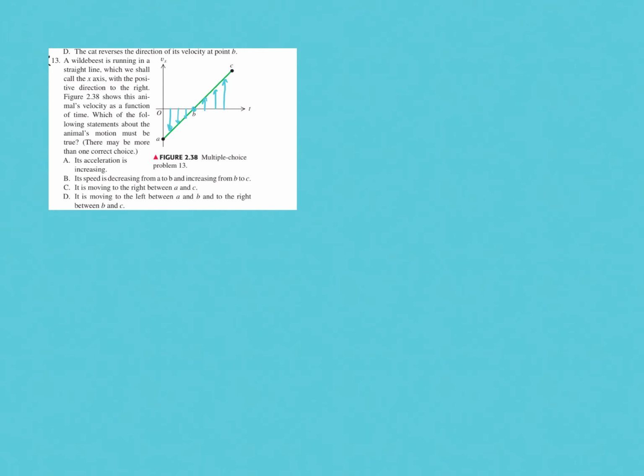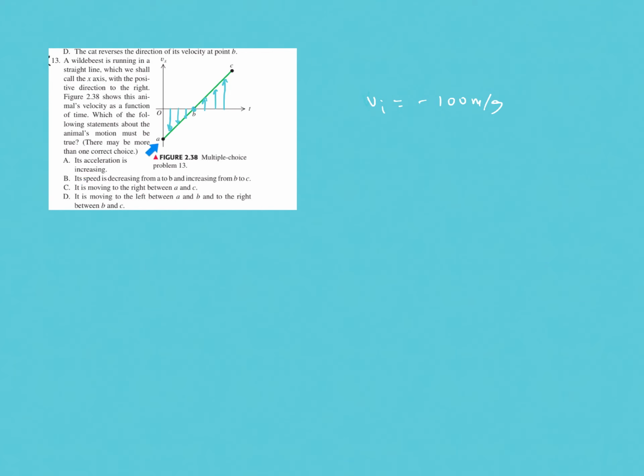It starts maybe with initial velocity vi equal to minus 100 meters per second. When it's here it is minus 90, minus 80, 0, plus 10, plus 20, plus whatever. So let's answer the question. A: his acceleration is increasing.